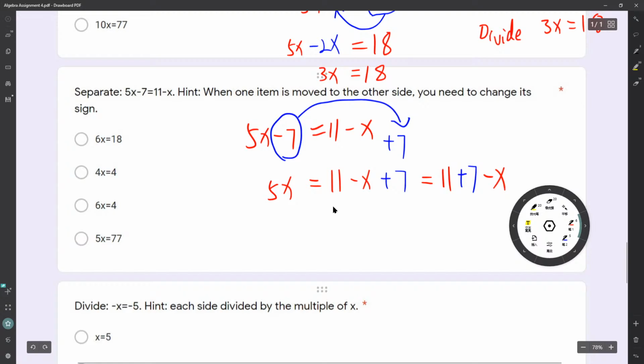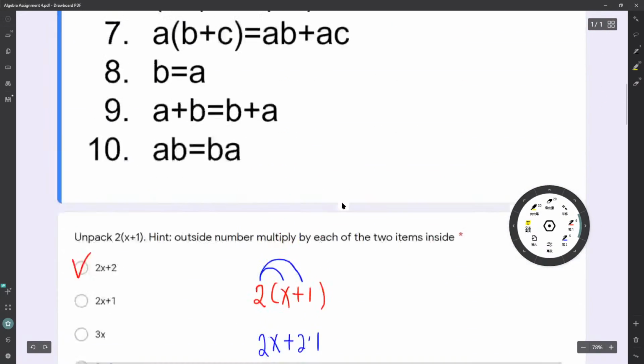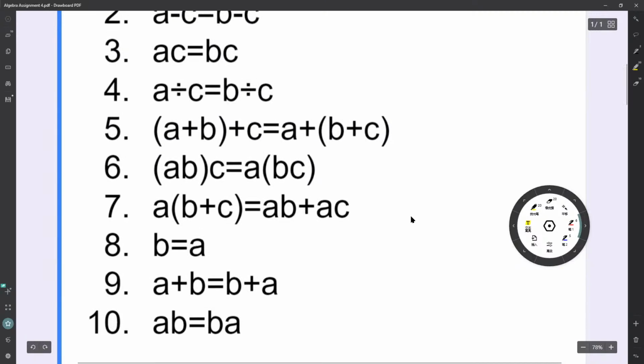That's okay because according to our property number 5, you can see here, if you first add a and b, and then you add c, or if you first add b and c and then add a, they are the same. It doesn't matter.